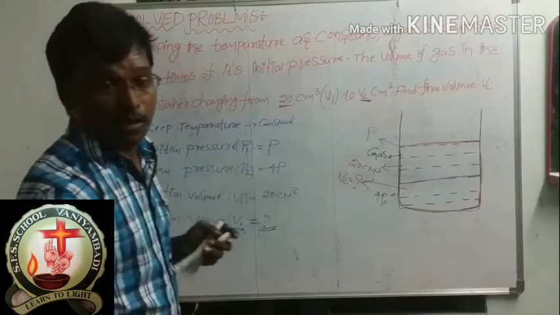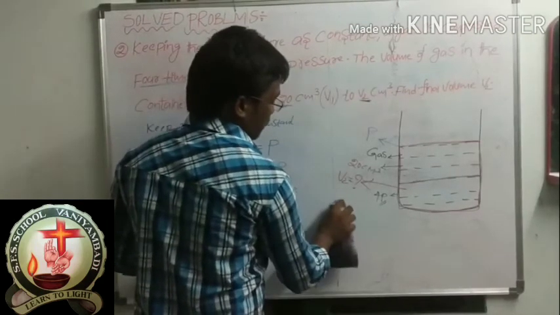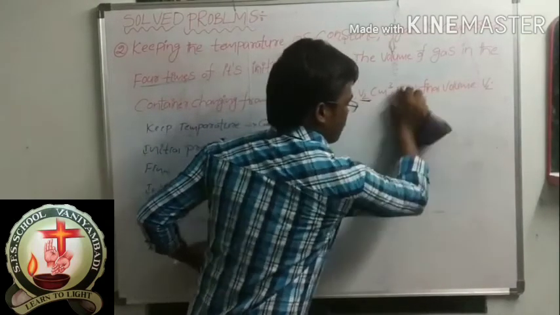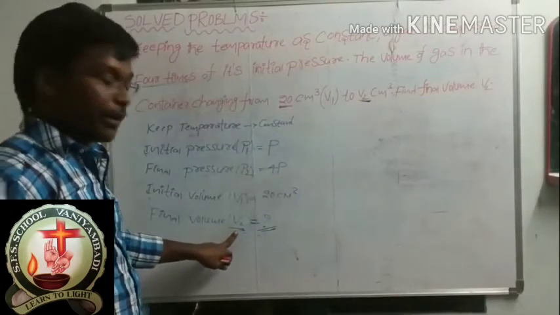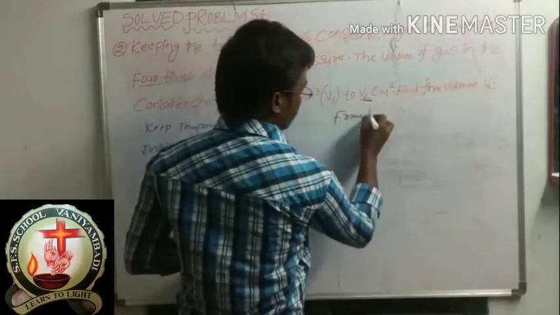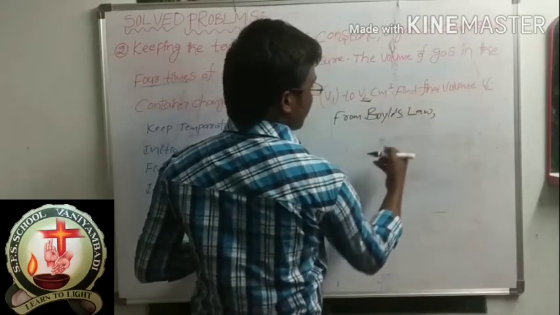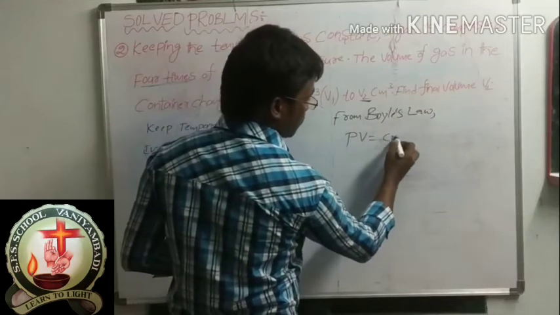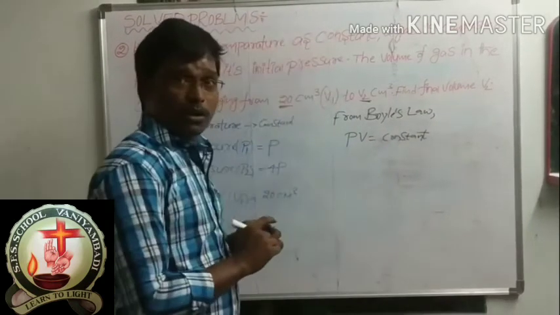I have to find the final volume V2 from Boyle's law. What is Boyle's law expression? PV is equal to constant. We know that.